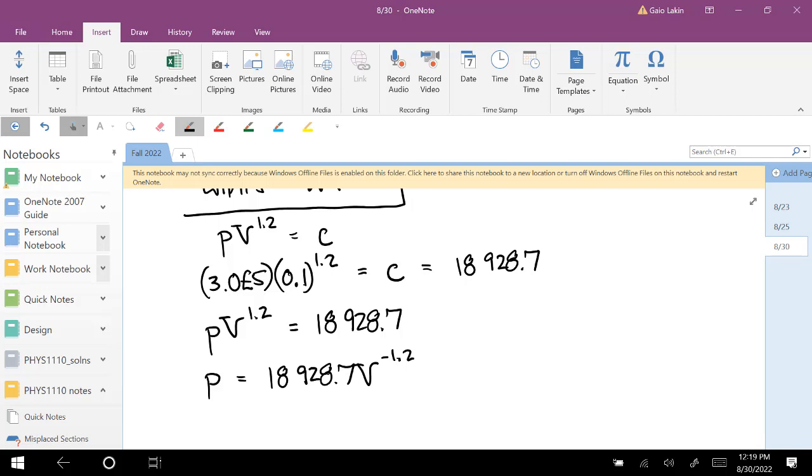For these kinds of problems, you're going to have to refresh your memory if you haven't done it in a while on manipulating these exponents, because we're going to have variables we have to solve for that are in the exponents. You're going to have to remember the exponent rules. But now we have pressure as a function of volume. That means we can compute this integral.